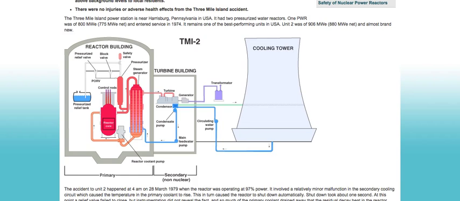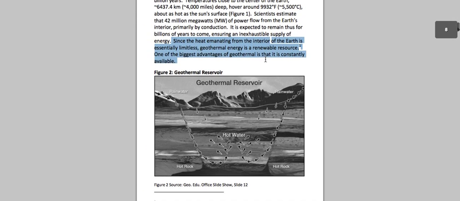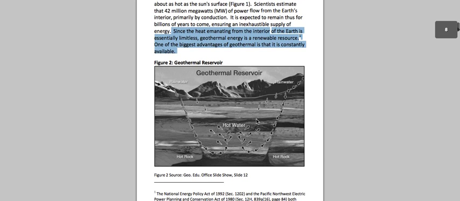The next source we're going to talk about is geothermal. Basically, geothermal energy is harnessing the heat of the earth. Once you get further and further down towards the center of the earth, it is obviously going to be hotter, towards that magma underneath the hot rock.